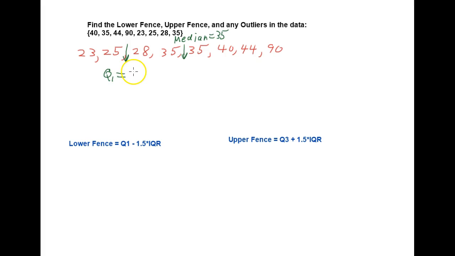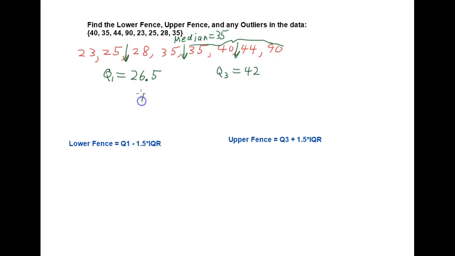That looks like that would be 26.5. The third quartile will be halfway between 40 and 44, right? Halfway between, or right in the middle of these remaining 4 numbers. So third quartile would be 42.